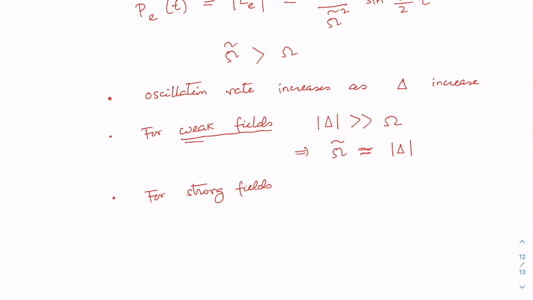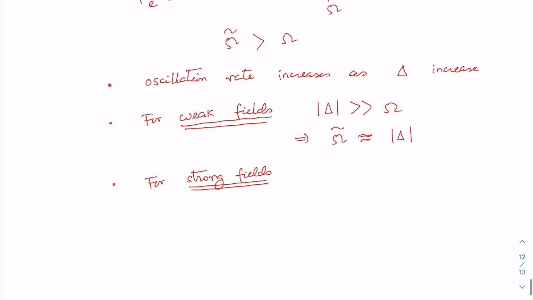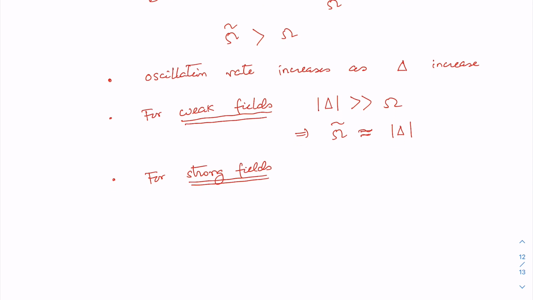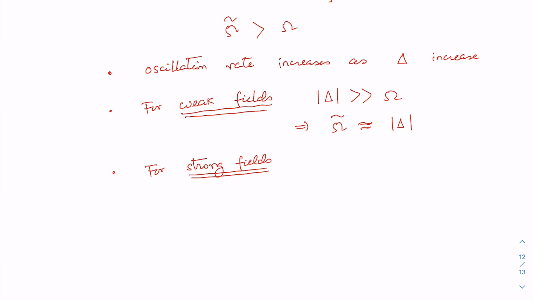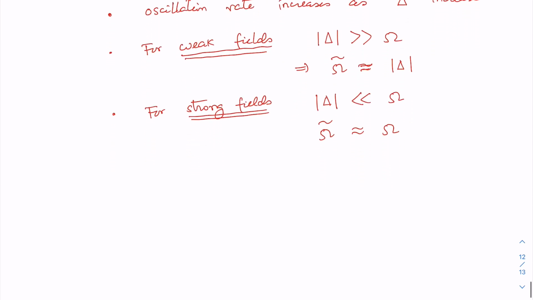Weak fields and strong fields are defined with reference to the detuning parameter. That's the reason I am telling again and again that the detuning parameter is extremely important, because this is one of the controllable parameters for us. And for strong fields the magnitude of the detuning is much smaller than the Rabi frequency, so the generalized Rabi frequency would be nearly equal to the Rabi frequency.